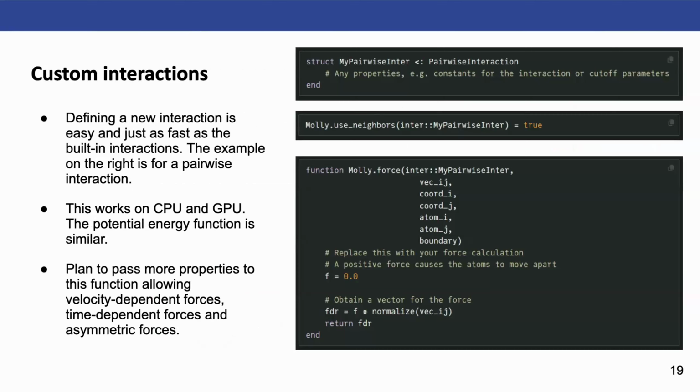For a pairwise interaction, you just need to subtype this abstract type. You then need to decide whether you use the neighbor list. And then you define, as a minimum, if you want to do a simulation, the force function. And you can also define a potential energy function as well. And there is a PR open to change this interface a bit.